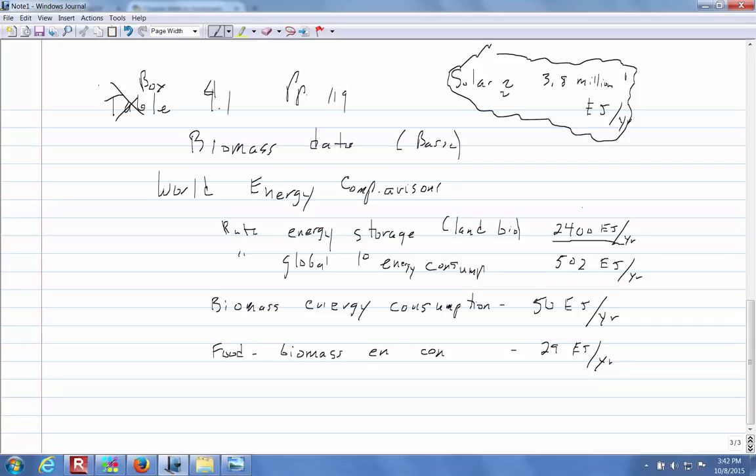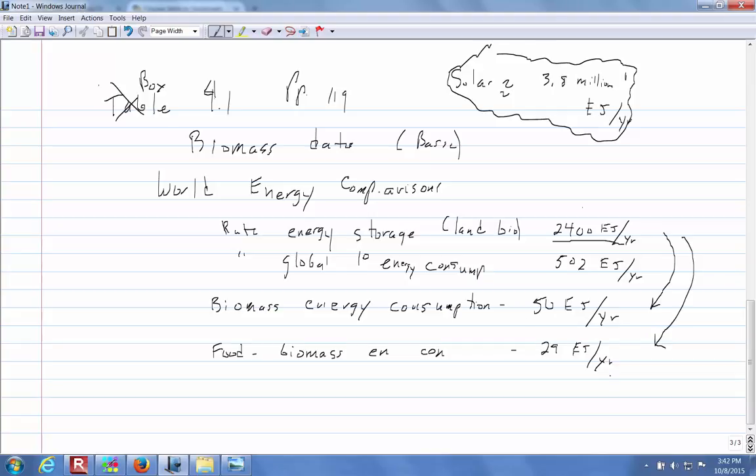Not very much compared to that 3.8 million coming from the sun. We use 500 exajoules per year as humanity. So there's a lot more available there than we're using, but that 2,400 isn't the total story. You gotta subtract these two.